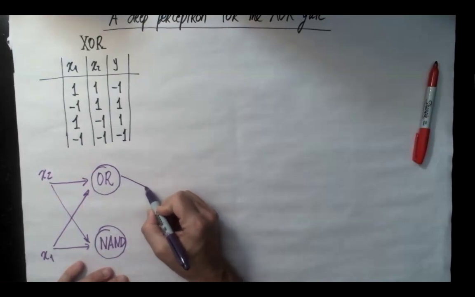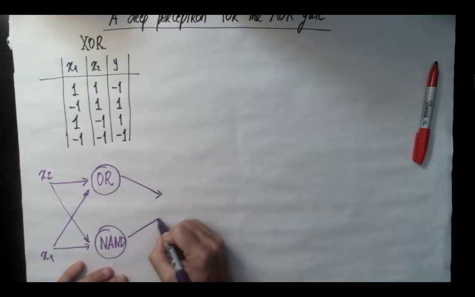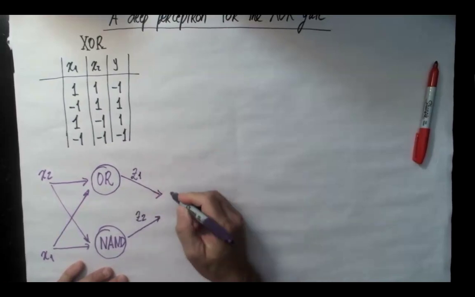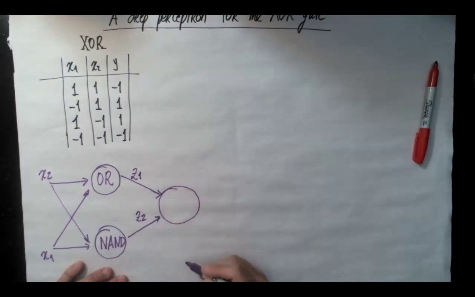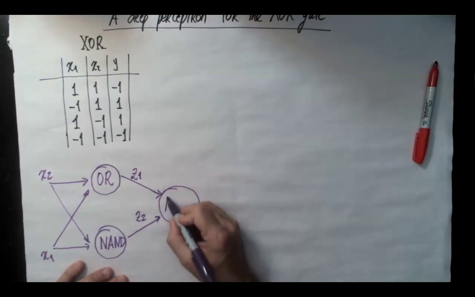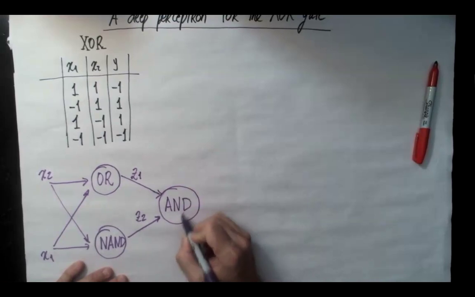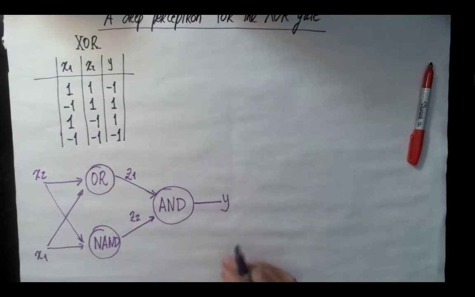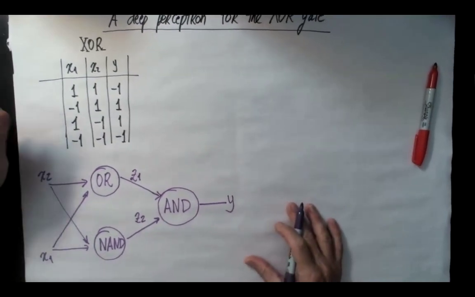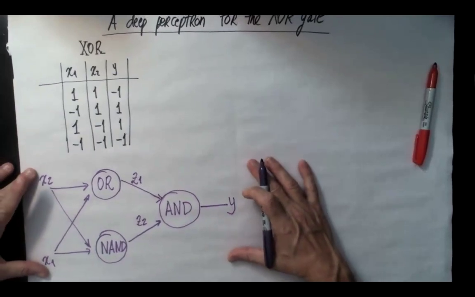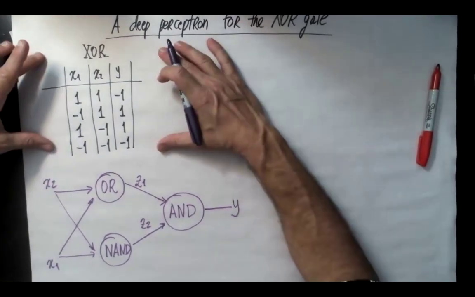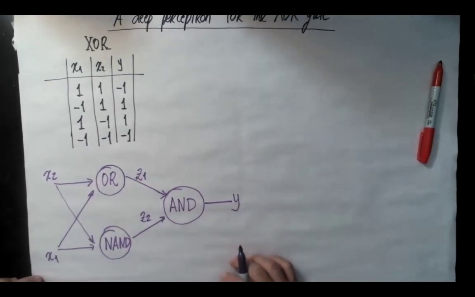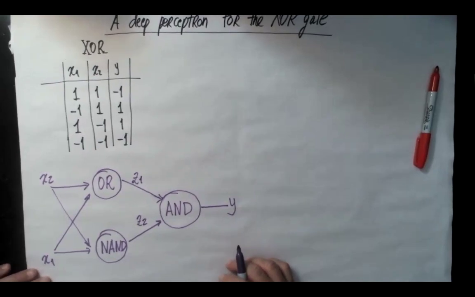Then there will be an output from both gates, which we call Z1 and Z2. That is going to go through another Boolean gate, which is the AND gate. And the output Y, I claim, is basically the system equivalent to the XOR gate.